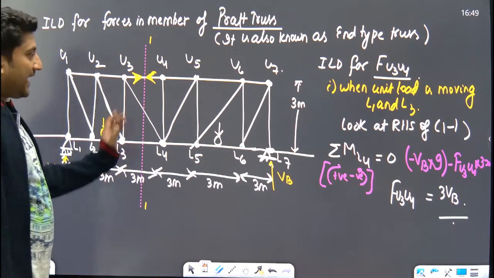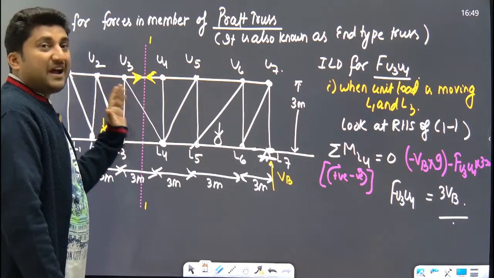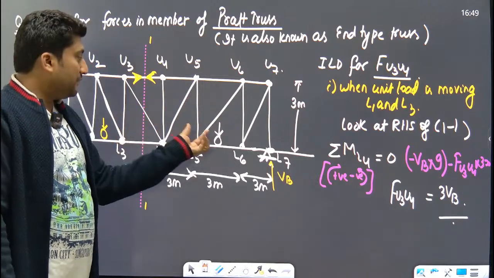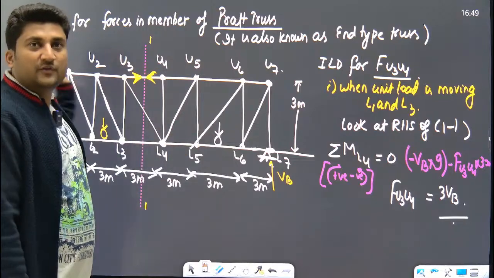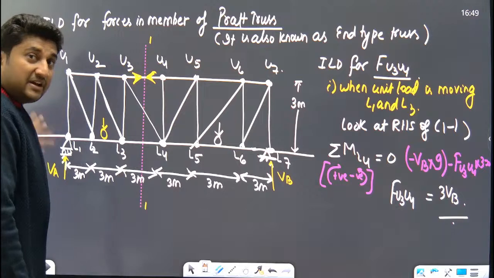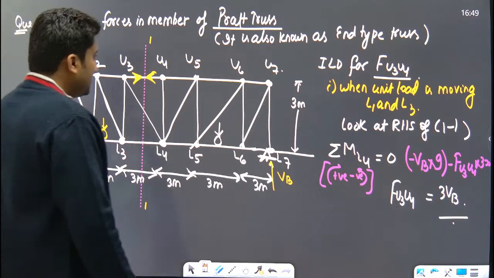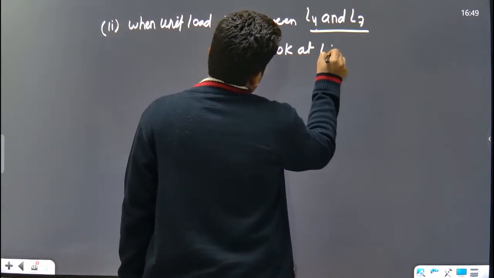Now you need to look at the LHS of 1, 1. Why are we not looking towards the right hand side of 1, 1? Because this position may change at any point of time. But when you are looking towards the left hand side of 1, 1, there is no unit load. So there is only one unknown force, VA.